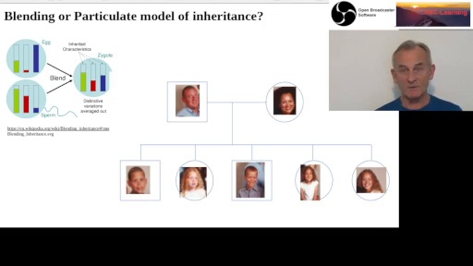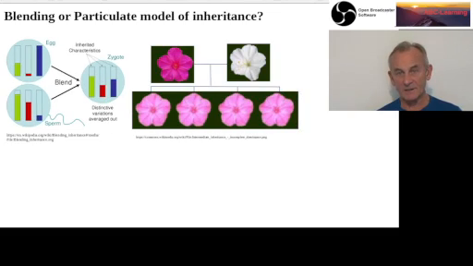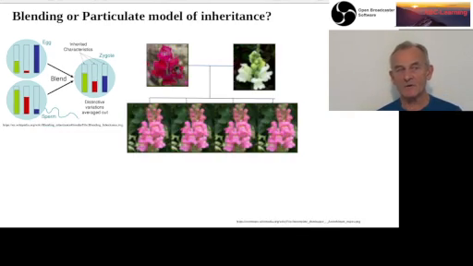I would not at this point bring out the concept of incomplete dominance. That can come later. Again, a second example. This is to provoke discussion about what evidence there is for a blending idea or model of inheritance or a particulate one.